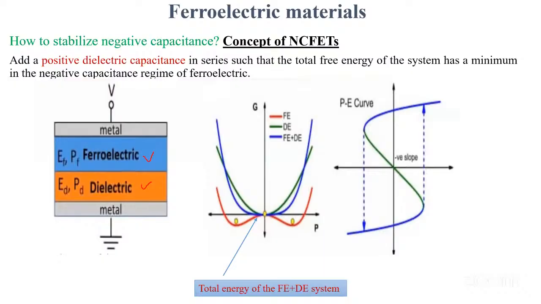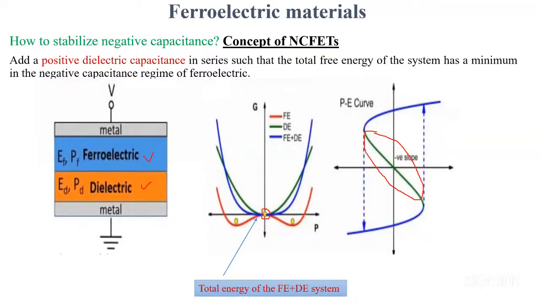If you add some capacitance in series, you will get a curve like this, which is stable. So you are here, and this will be stable. The ferroelectric material and the dielectric together will have a single stable point, right? This is a typical ferroelectric plus dielectric system used in NC-FETs.